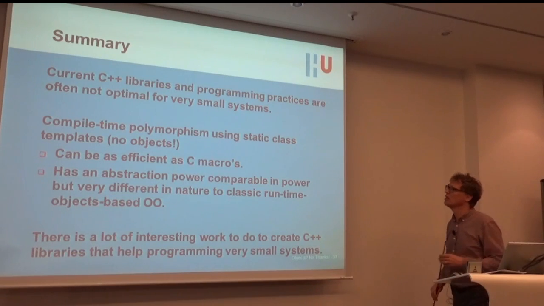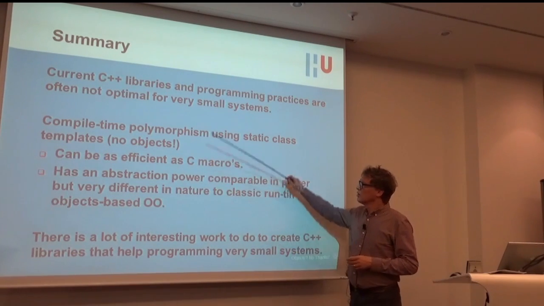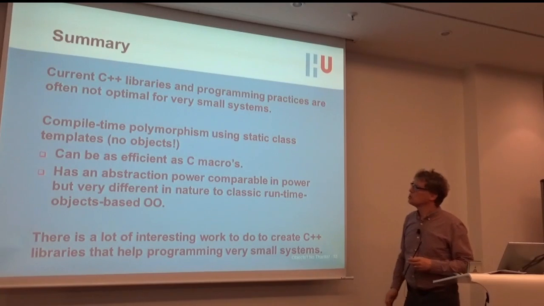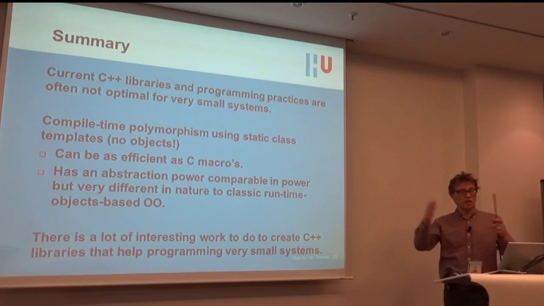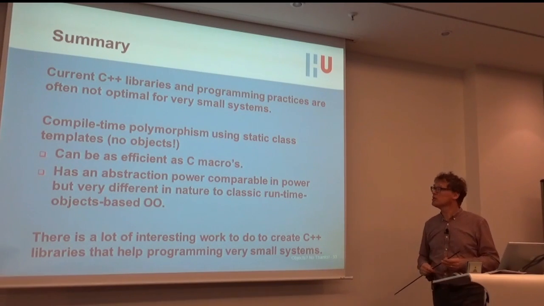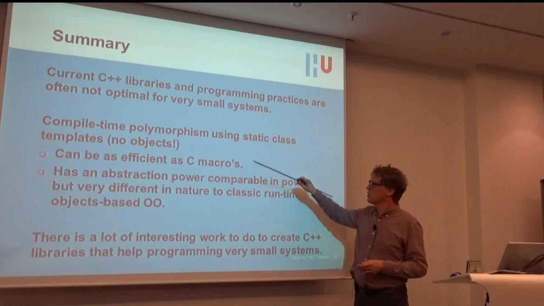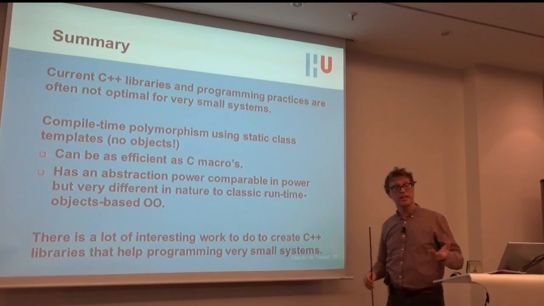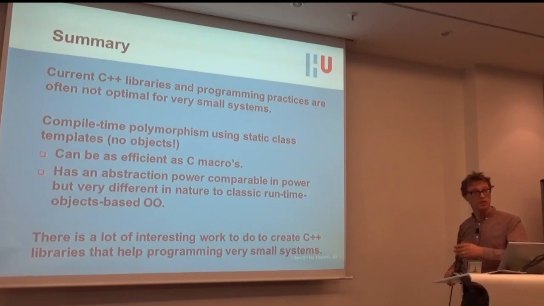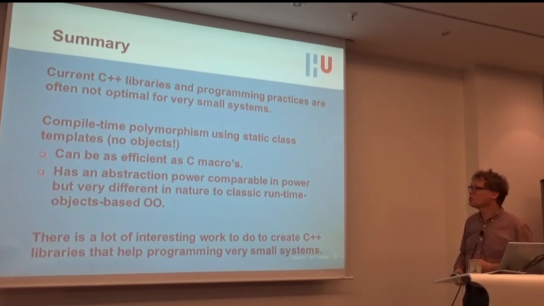The method I propose, I think, can be used to have the compile time abstraction power of class hierarchies without the runtime overhead. And in that way you can be as efficient as C macros. So I think it could be a convincing argument for that community to switch to C++.